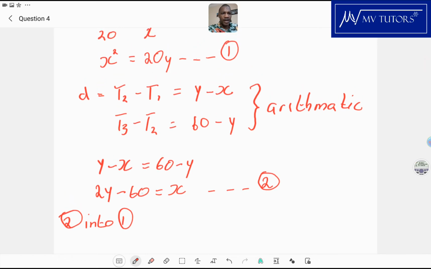Where there is an x, we will substitute this x of equation 2, which is, open the brackets, 2y minus 60 squared. And that will be equal to 20y.